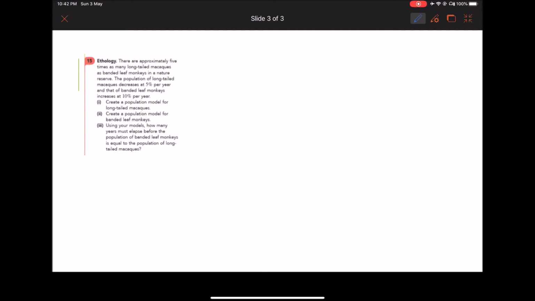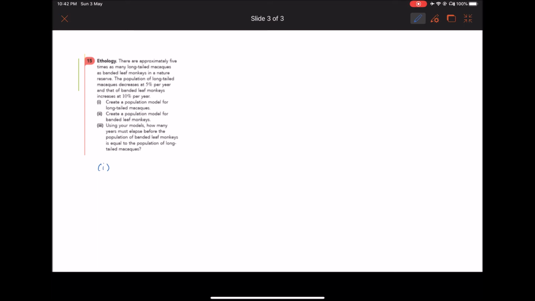So as years go on, or as time goes on, for the macaques, it's going to be 95% because it decreases at 5%. So if you're going to look at this case, we have to think about it first. Now, they didn't tell us how many they were originally, okay? So they just told us that there are 5 times as many of these macaques as compared to banded leaf monkeys.